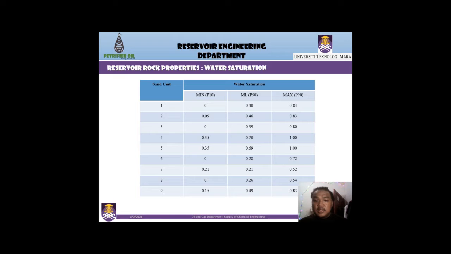Generally, it can be measured by dividing the quantity of water by pore volume. The water saturation value was calculated from the logging data obtained. The Monte Carlo analysis was performed to determine the minimum, most likely, and maximum of the value.